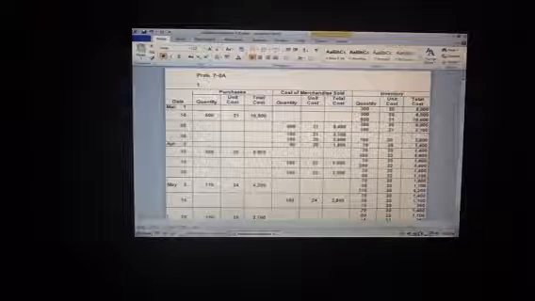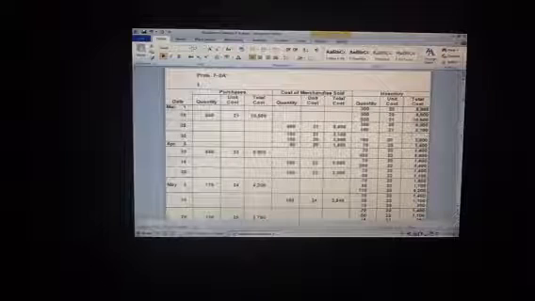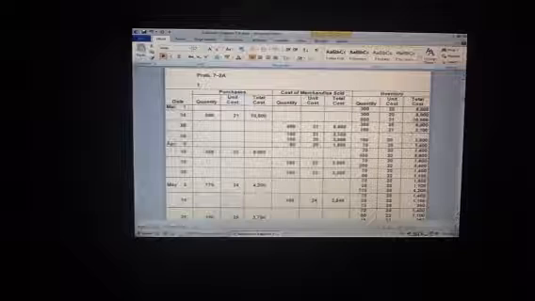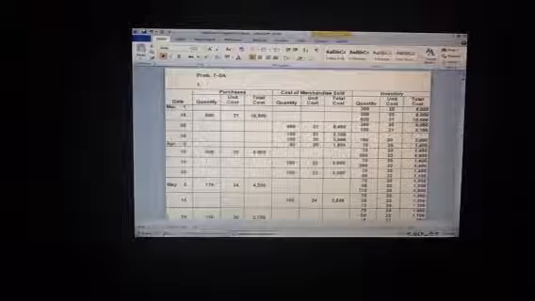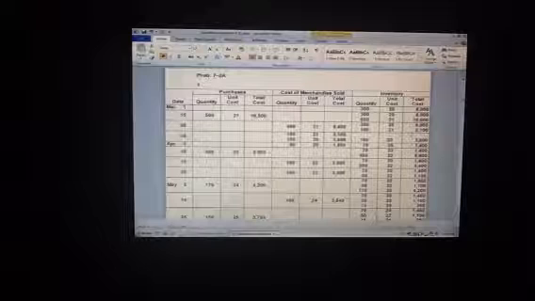And then on March the 30th we're going to sell 250 units. Again, under LIFO we're going to sell the last ones first, so we're going to sell the 100 at $21, and then you would get the other 150 out of the 300 that cost $20, and that leaves you with 150 out of the 300 that cost $20.